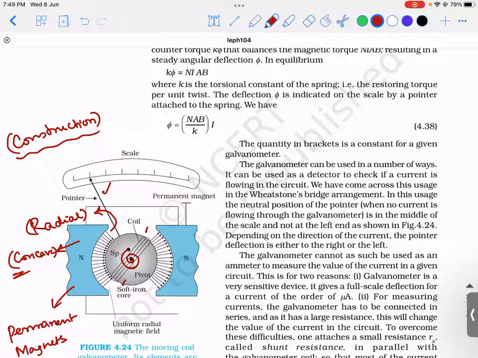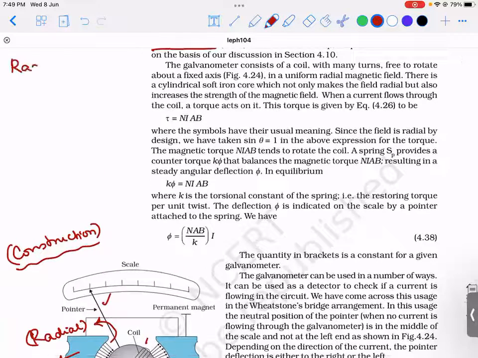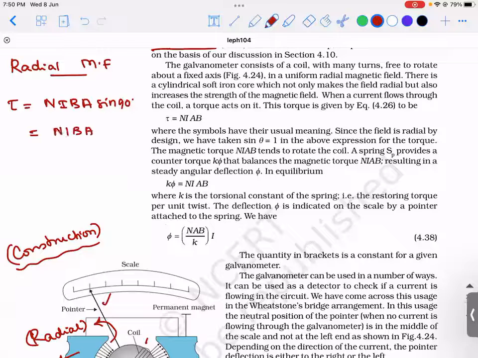Okay. Now, since you have a radial magnetic field, what is the torque experienced by this coil? It is NIBA sin 90, or NIBA. Correct?